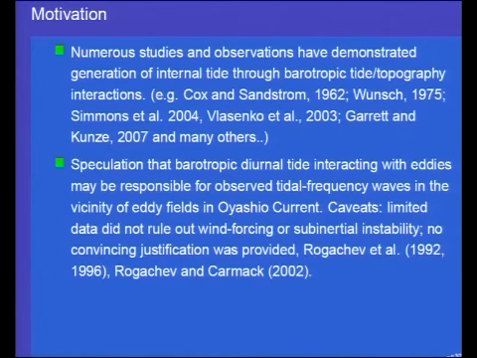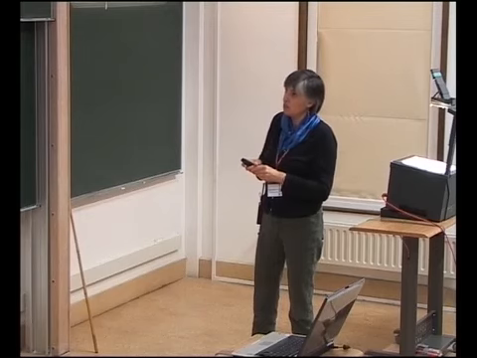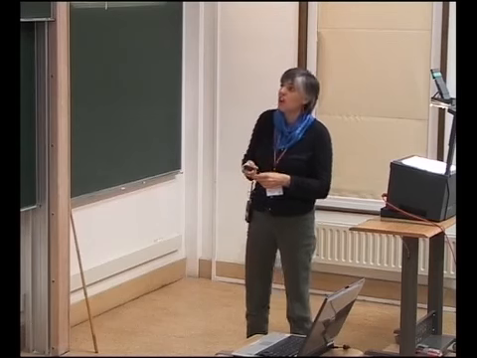So the problem that we're looking at is similar, and it was motivated by a number of papers by Rogachev et al., dating back to 1992 and all the way to 2002, that speculated that in their observations, the diurnal tide frequency internal waves that they saw could possibly be generated by the interaction of the tide and nearby eddy fields.